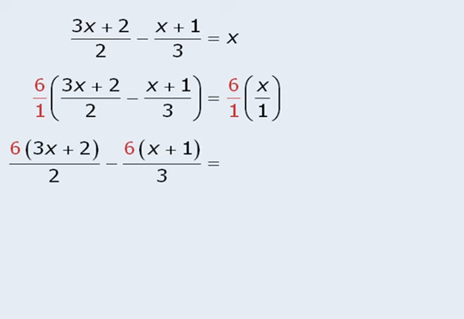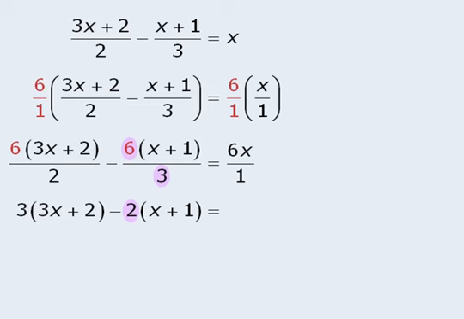On the right-hand side, 6 over 1 times x is equal to 6x over 1. At this point, notice that 6 over 2 here can be simplified to be 3, and 6 over 3 can be simplified to be 2. Finally, the right-hand side simplifies to be 6x.